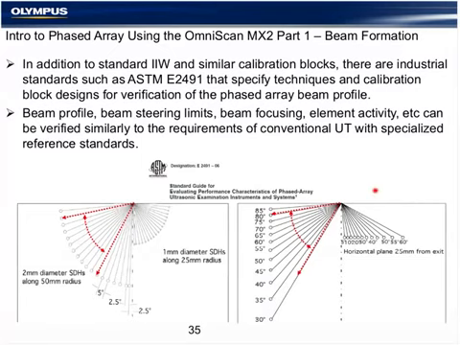When we use standard calibration blocks, designed both for conventional UT and phased array, for any given probe aperture, size, shape, and wedge, with a beam focus and angular resolution, we can look at standard calibration blocks and determine the useful working range of what any given probe and wedge is capable of.